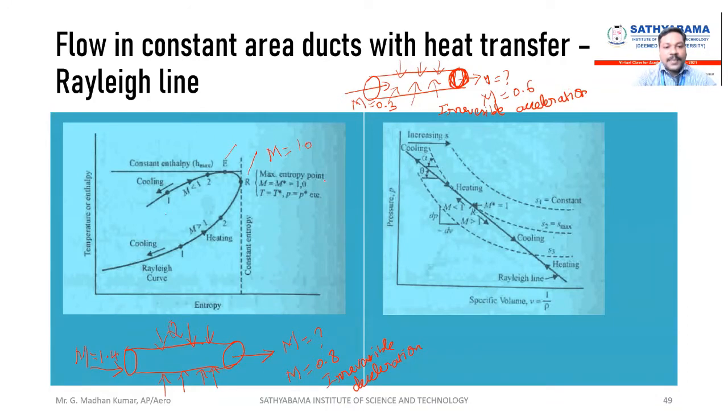This is the maximum entropy point, where the Mach number is 1, the temperature is the critical temperature, and the pressure is the critical pressure. When the Mach number is 1, it is the critical Mach number, and this is the critical point. So what happens between E and R? Maximum E is the maximum enthalpy point.